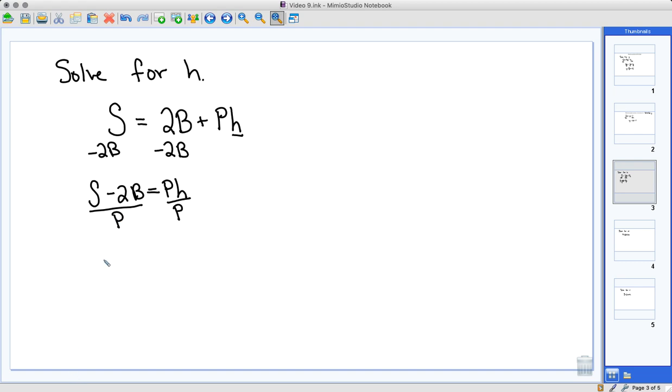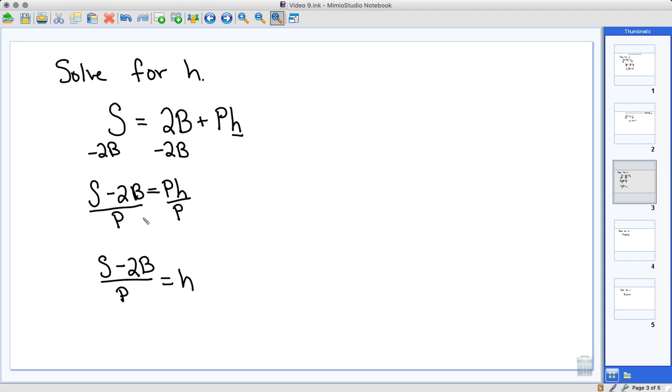So I'm going to have s minus 2b over p is equal to h. It is easier to write your answer like this, even though we divided by p and we just can't simplify like we did with our 3 before where we had 2/3 and 6/3. It's just easiest to write it like that.